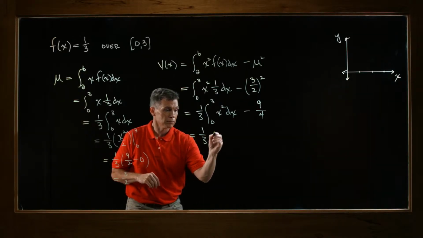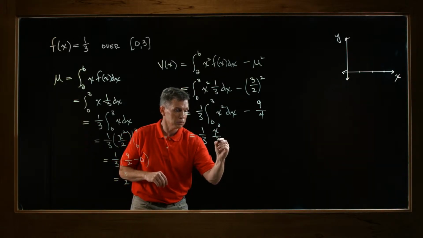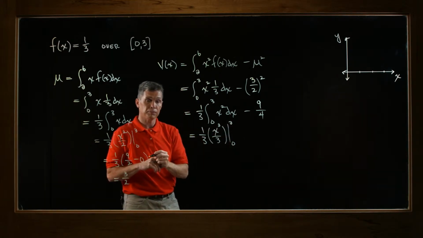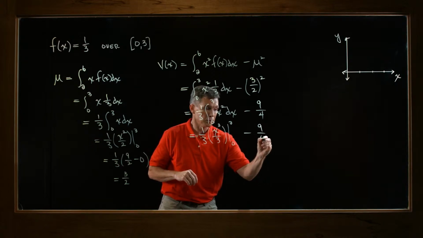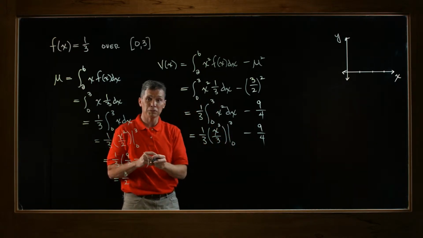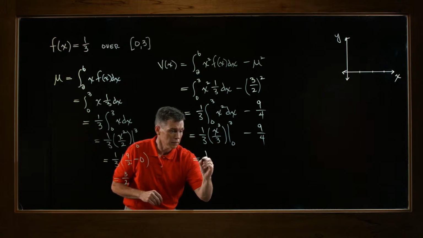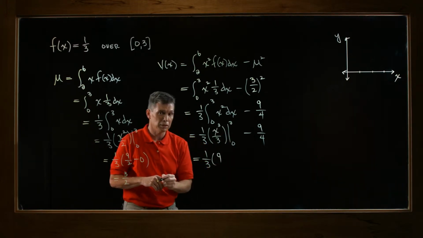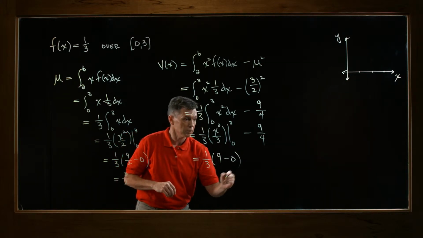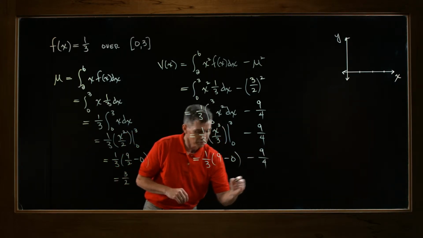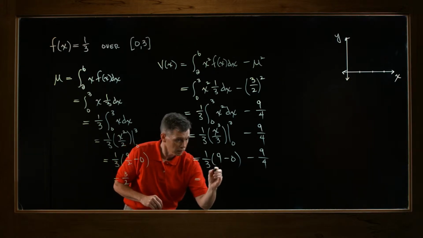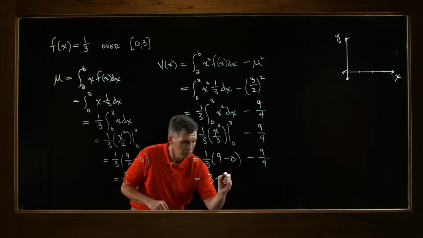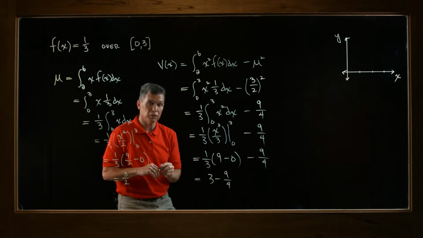Evaluating the integral, x cubed over 3 from 0 to 3. I do still have the minus 9/4. You don't want to let that go. Evaluating 3 cubed, 27 divided by 3 is 9, subtract 0. So we're going to get 1/3 times 9 is 3, subtract 0, minus 9/4.